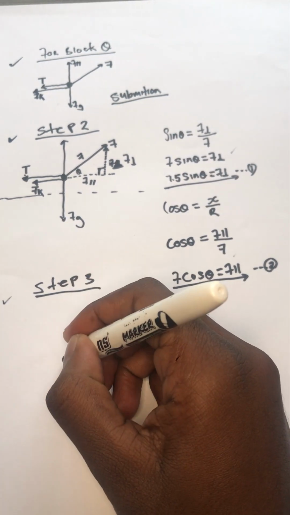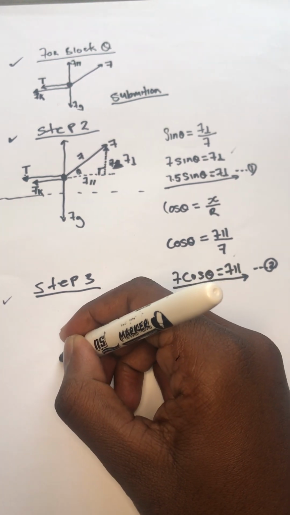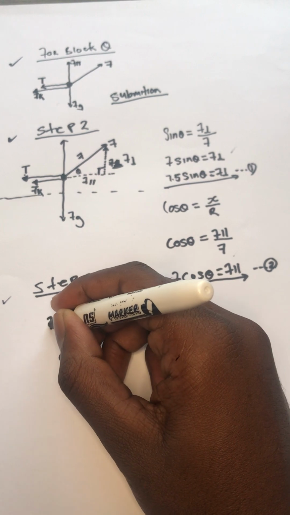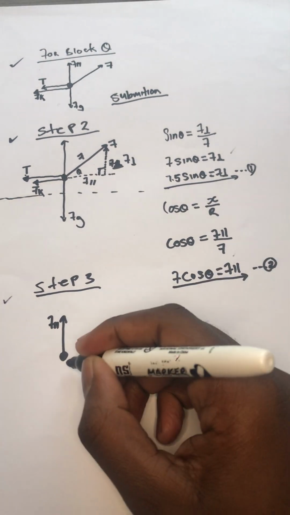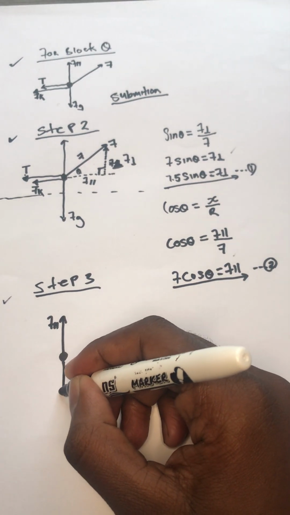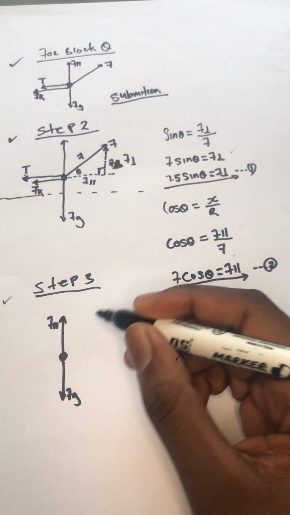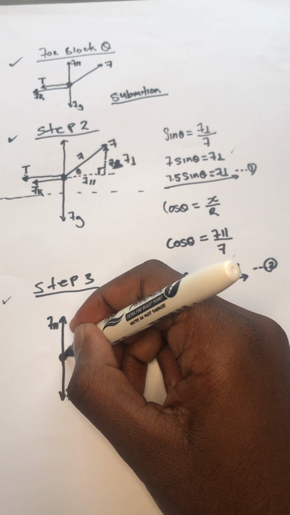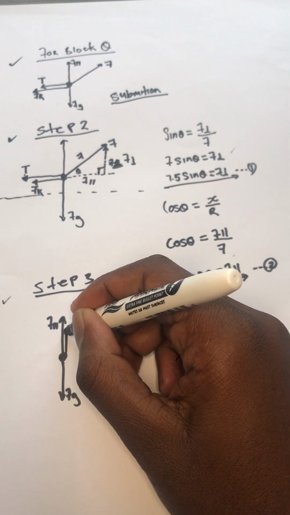Okay, so we have normal force. We have normal force. Okay, we have force of gravity. Asanaye u-force F sesizoba no force F perpendicular.